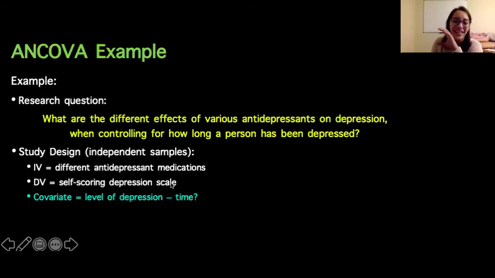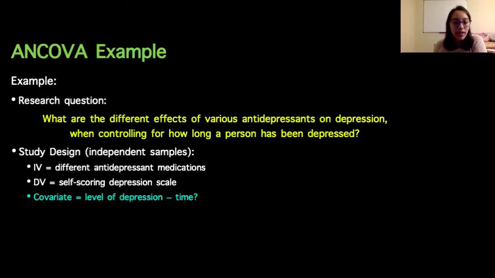This is kind of a sad example, but our covariate might be a confounding variable or an extraneous variable. If you remember back to the first lecture, we said extraneous variables are things that could interfere with our dependent variable outcome, right? But they're not necessarily taken into consideration in the inclusion or exclusion criteria.